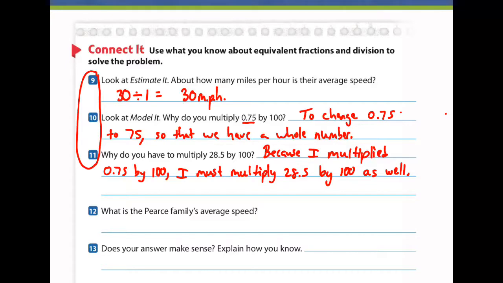All right, remember, whatever you do to the denominator, you must do the same thing to the numerator. Now, remember, if you had it wrong, fix it. If you had it in your own words, you're good to go. But you could also pause the video to make corrections.